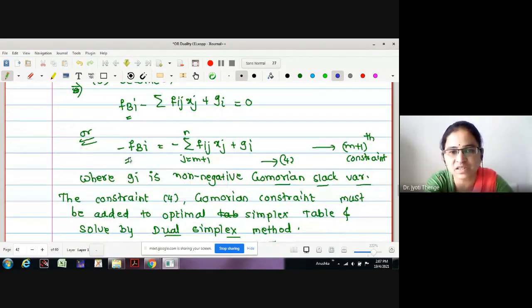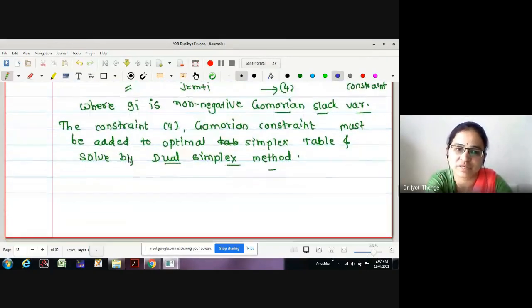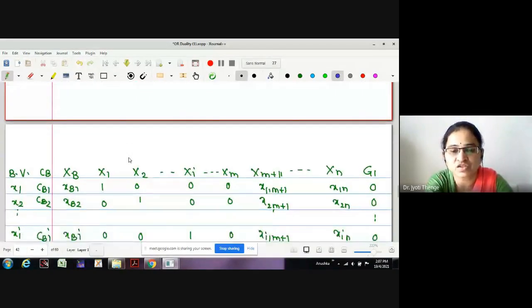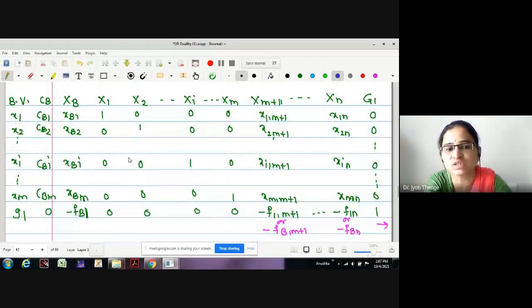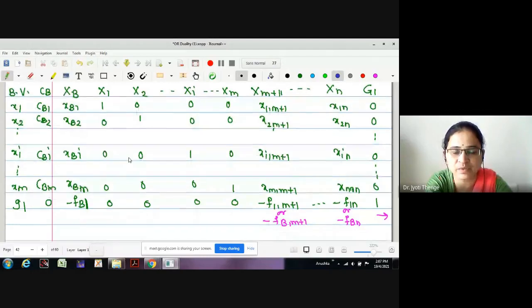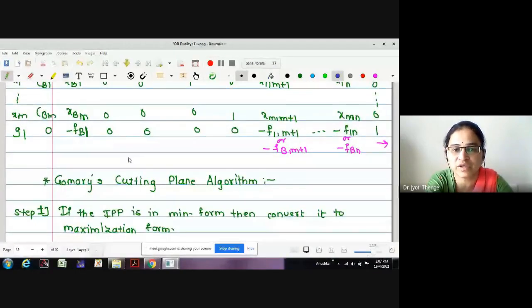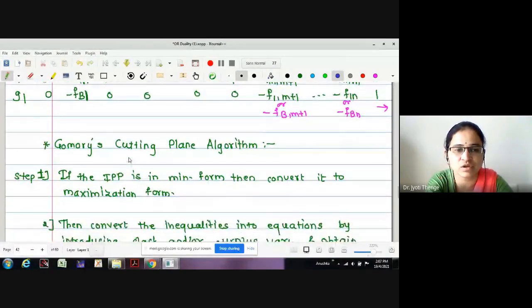And once the feasibility is disturbed, the only method to use to resolve this problem is the dual simplex. Therefore, adding this constraint in the last row of the optimal simplex table and using the dual simplex algorithm, we can solve the given problem.